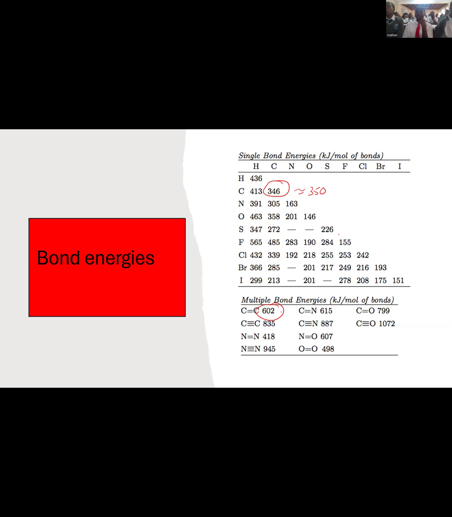Well, this is because the second bond of a carbon to carbon double bond is weaker than the first. Sometimes people draw it like this, 1 and a bit. This is not correct unless you are thinking about its strength. And the same is true of the triple bond. The triple bond is not 3 times 350.